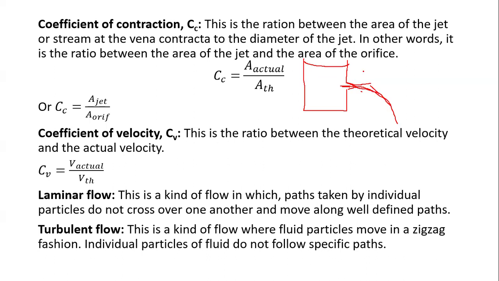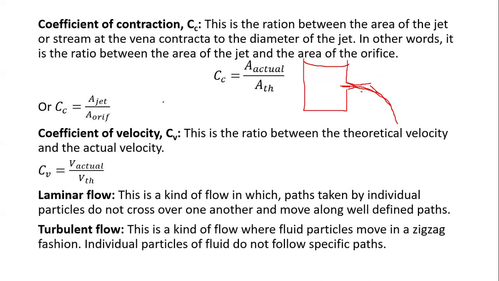That is where we call the vena contracta, because it will try to contract when it comes from there, and then after that, it is free to continue moving like that. So the ratio between the area of the jet or stream at the vena contracta, meaning where it contracts, to the diameter of the jet. The diameter of the jet is normally supposed to be given by the diameter of the opening there.